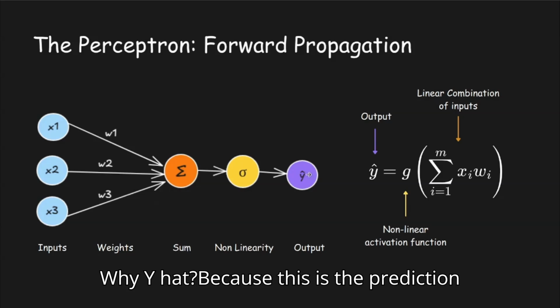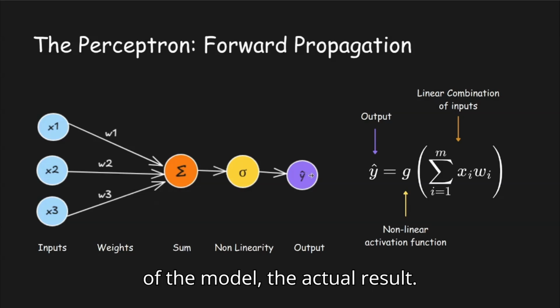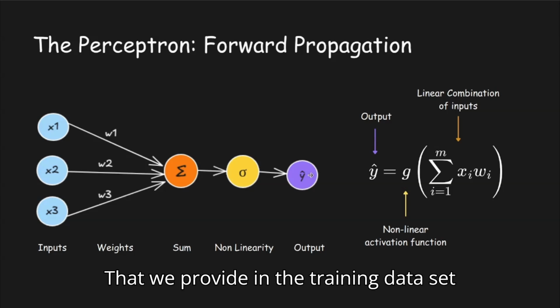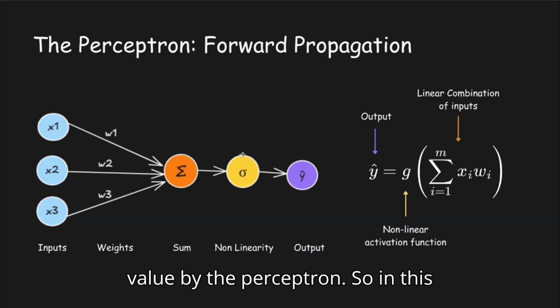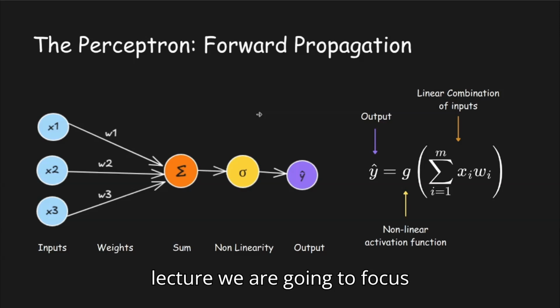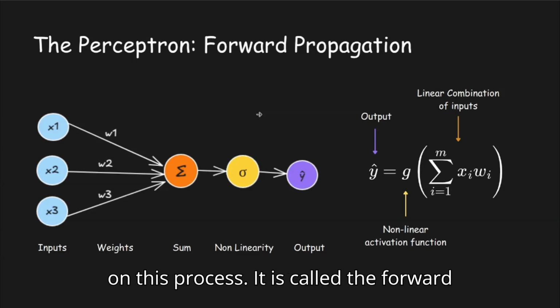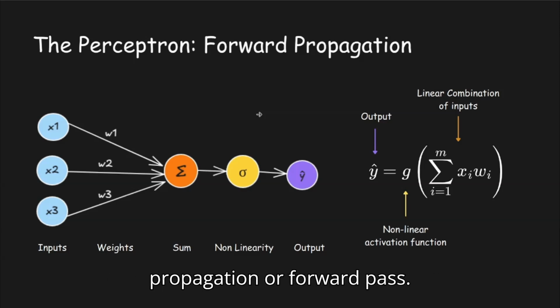Why y hat? Because this is the prediction of the model. The actual result that we provide in the training dataset would be y, and y hat is the value predicted by the perceptron. In this lecture, we are going to focus on this process. It is called the forward propagation or forward pass.